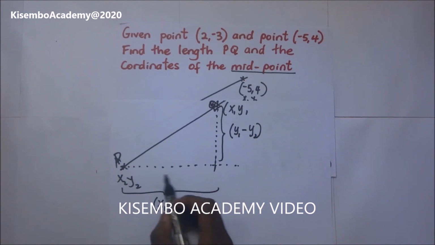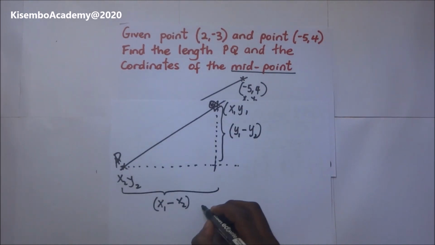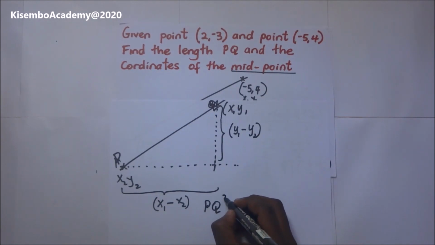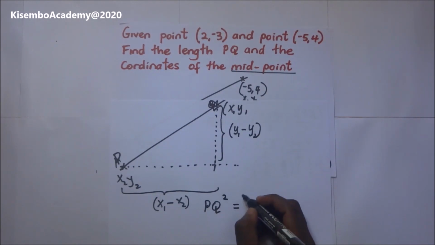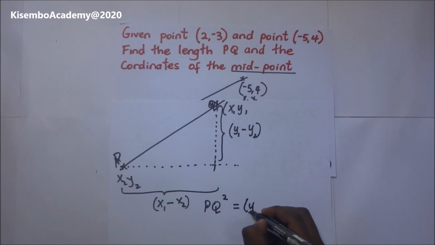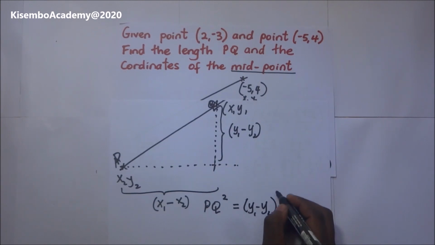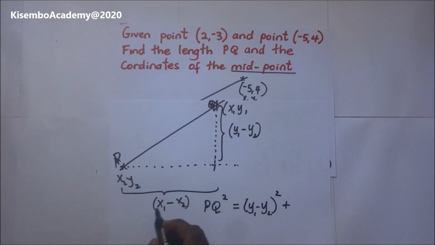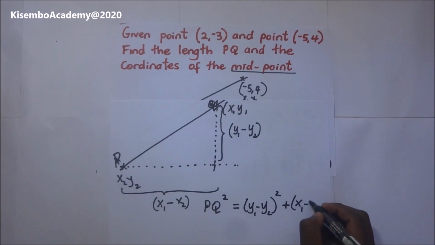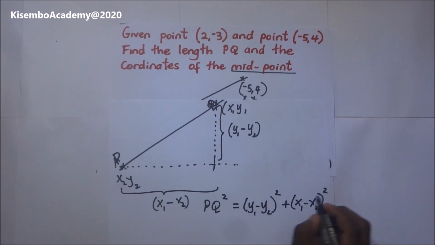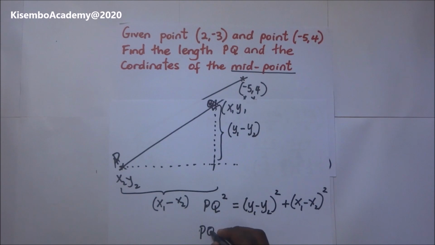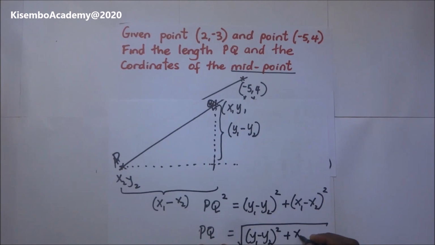So for us to get the distance PQ, PQ squared is going to be equal to this side squared, which is (y1 - y2) squared, plus this side squared, which is (x1 - x2) squared. And the general equation is going to be PQ equals the square root of (y1 - y2) squared plus (x1 - x2) squared.